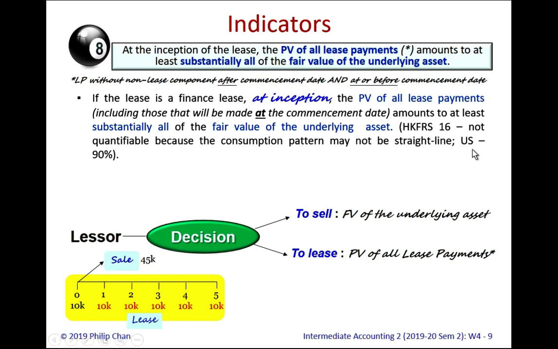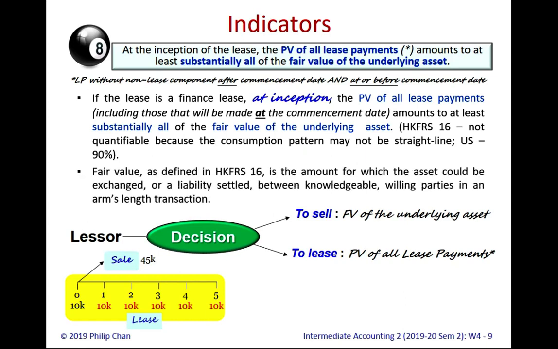But again, we need some guidelines, so we borrow the US standard concept of 90% as a benchmark for comparison. In short, if the present value of all the lease payments, including payments even at time t0, is equal to or bigger than 90% of the fair value, then we can claim that this indicator would be satisfied.